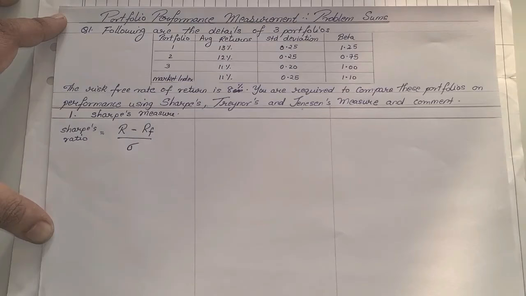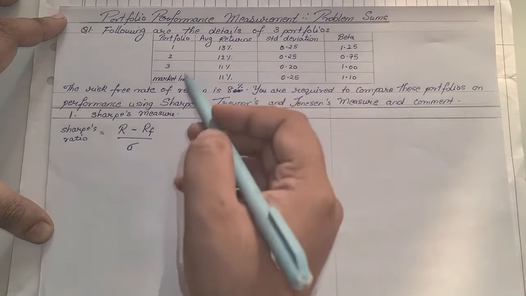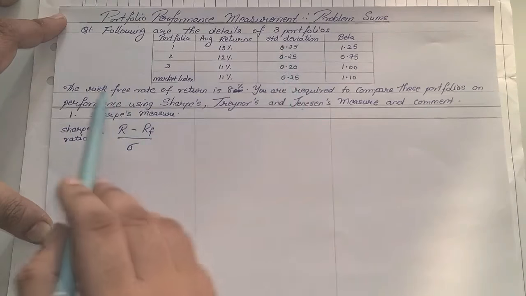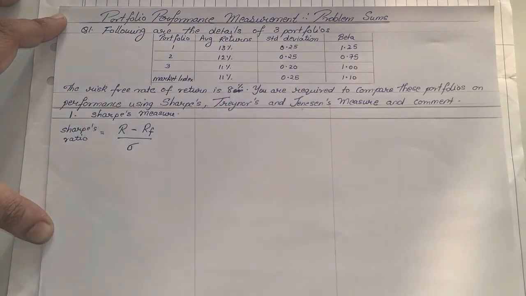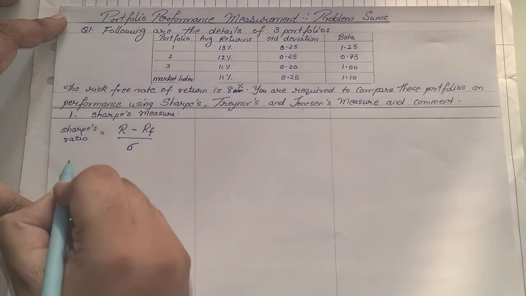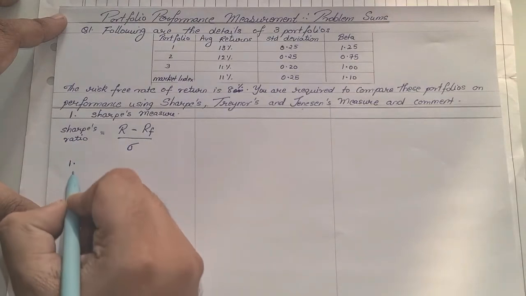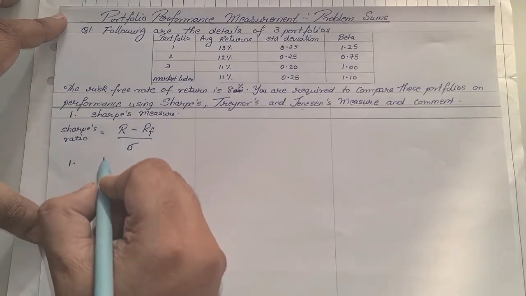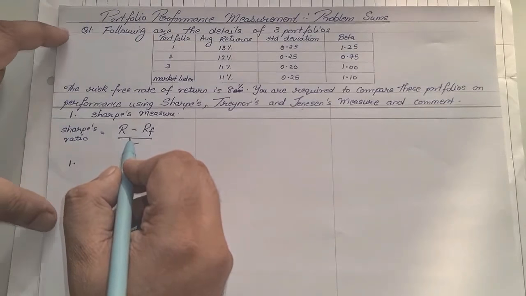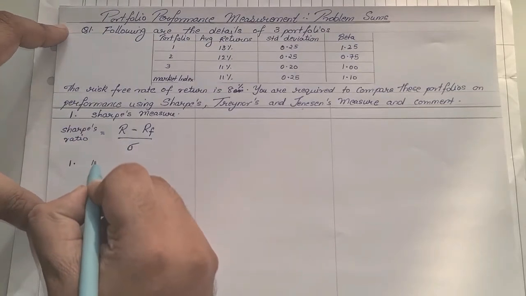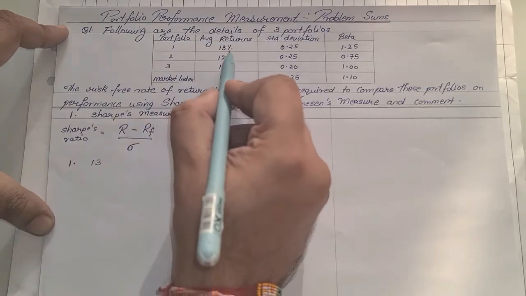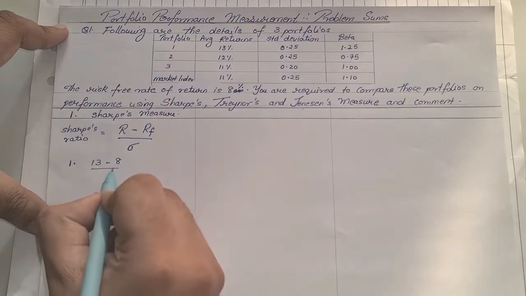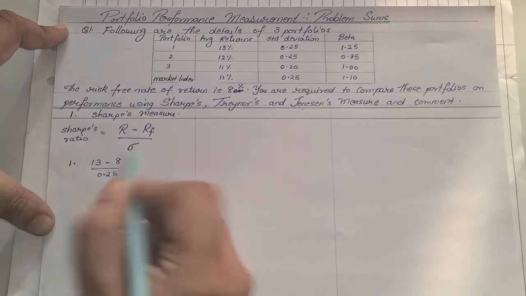Now for all the three portfolios that we have, average return is given, yes; standard deviation is given, yes; and the risk-free rate of return is also given. So very simply we just have to apply it into the formula. Now for portfolio 1, when you use Sharpe's formula, it will be R minus RF, so that will be 13, that is average return, minus 8, risk-free return, divided by the standard deviation, that is 0.25.